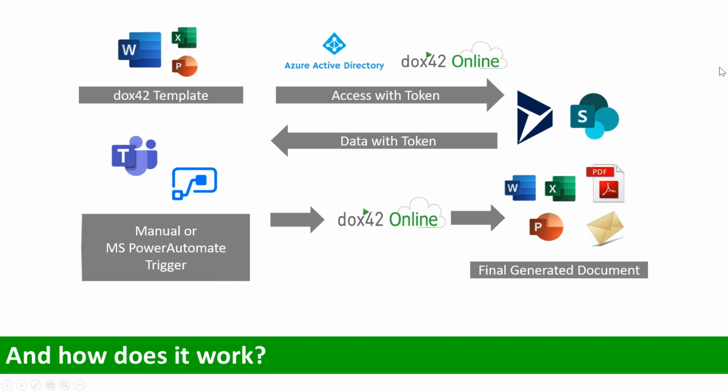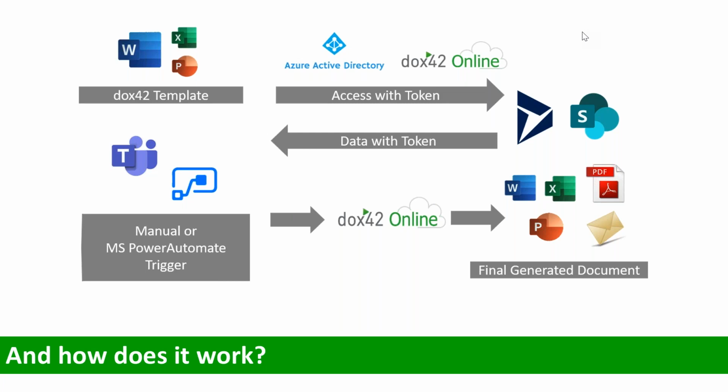So basically, if you're asking yourself now, how does it work? Just to give you a quick idea and overview, in the beginning, we have the Docs42 template, which we upload to Teams or to SharePoint Online. And then we're using Azure Active Directory as a security mesh in the background. That allows us to retrieve data from Dynamics and from SharePoint with our Docs42 online server.